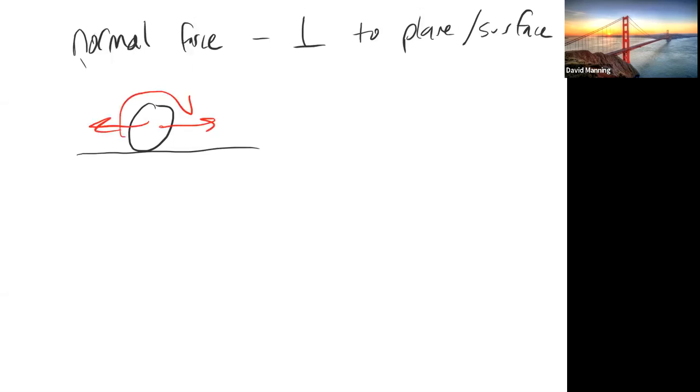It can roll either direction, but it can't go down. So it's going to have a weight going downward. That's its weight. And the force of the surface is going to be pushing back. That's known as the normal force. It's the force of the surface on an object.